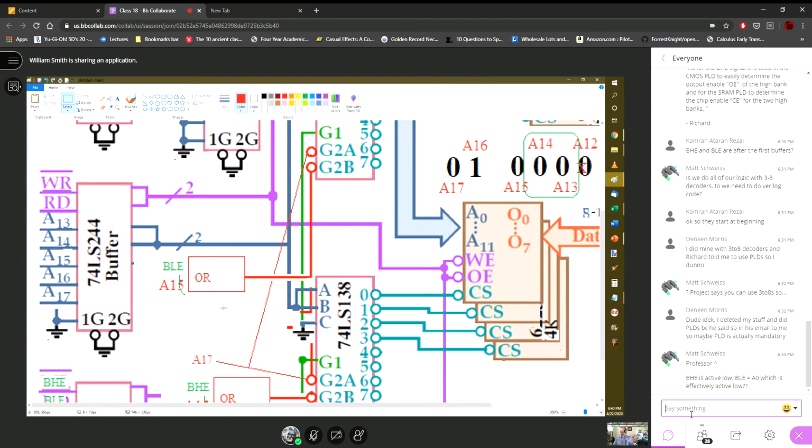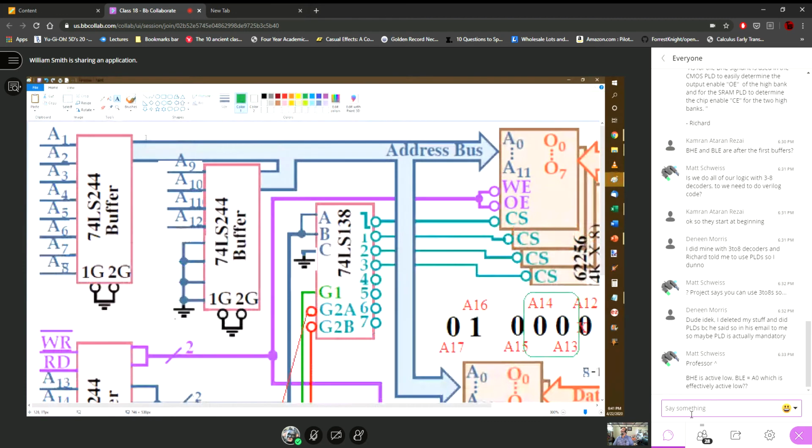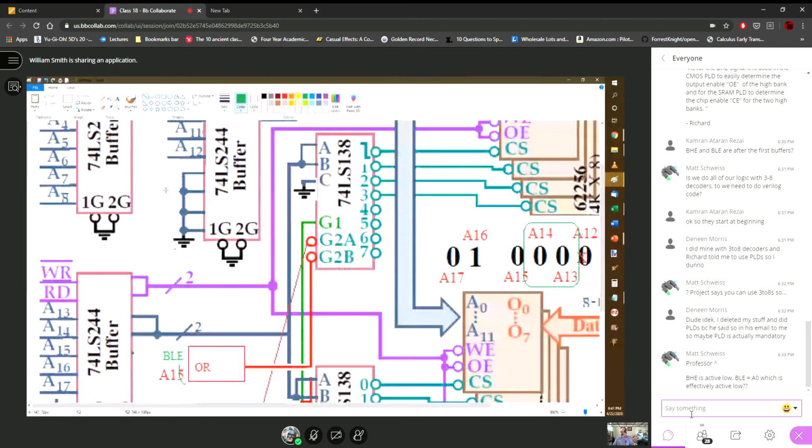All right. And then finally, let's do it this way. A16. This wants to be green. A16's got to be the active high. And we put in a line. Again, sorry guys, I'm butchering it today, but all right.